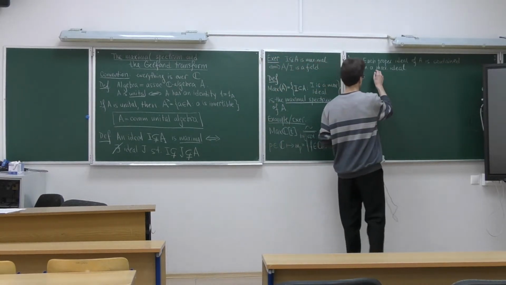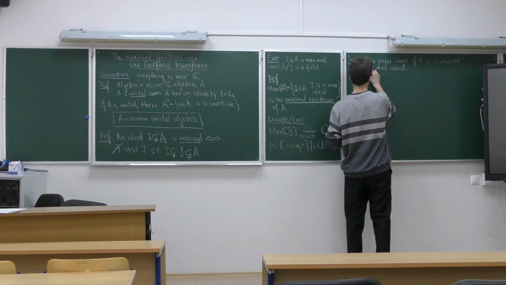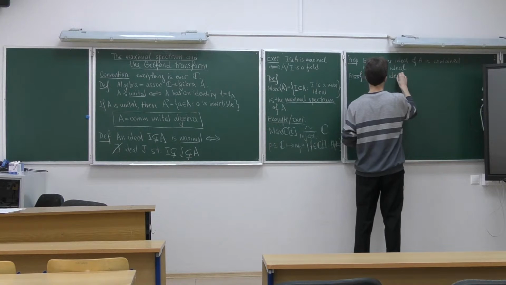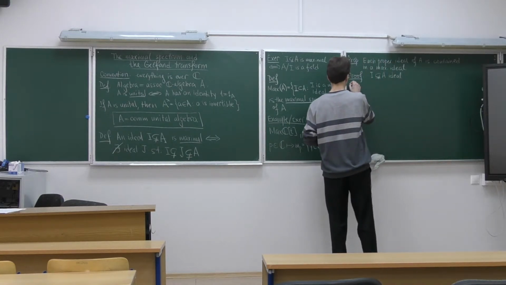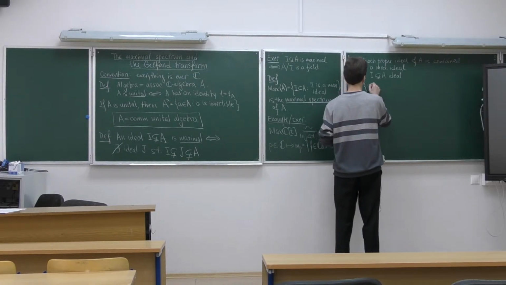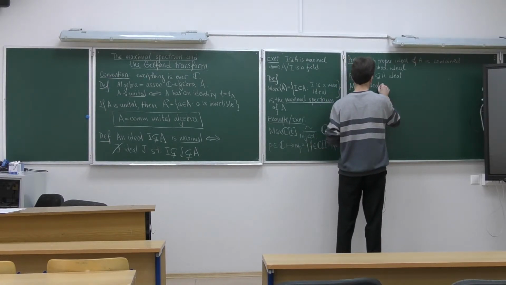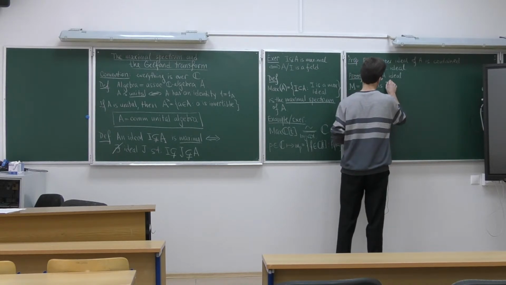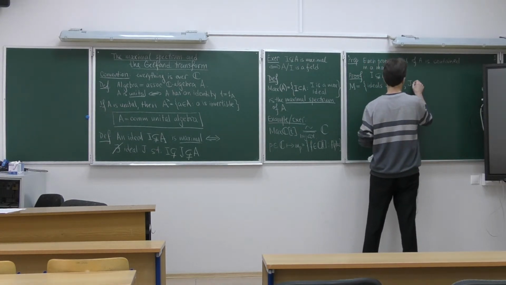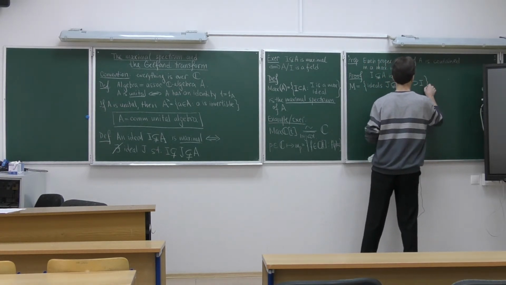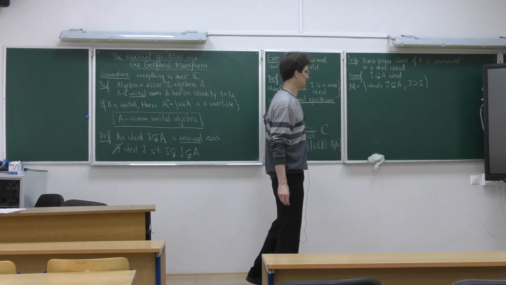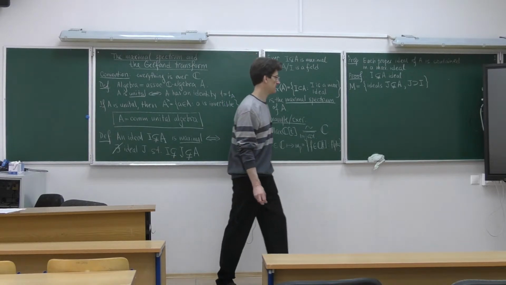So we take a proper ideal I of A, and we consider the following set, let's denote it by M, which consists of all those proper ideals J of A which contain I. Clearly this set is non-empty because it contains I itself.